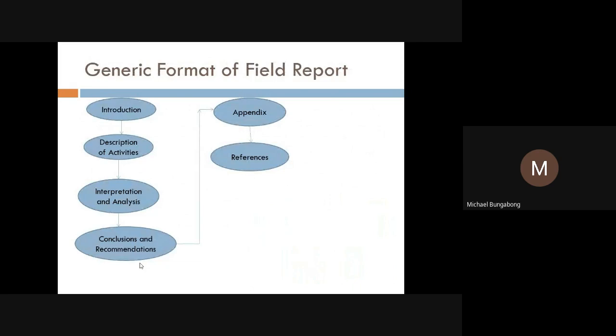This is the generic format of field report. So we have introduction, then description of activities, interpretation and analysis, and then conclusion and recommendations, appendix, and references. Okay. So let's just discuss this generic format of field report one by one.